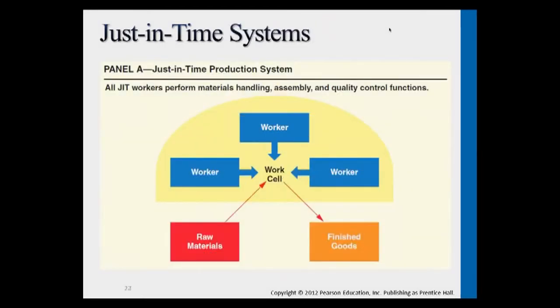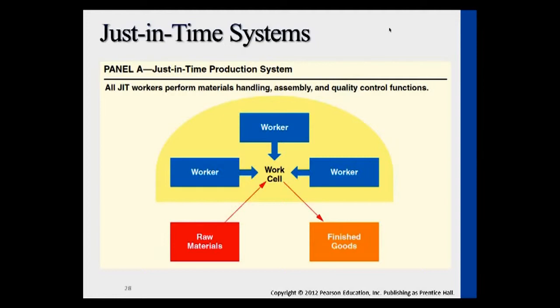So let's look at this picture. This is an illustration of a just-in-time production system. As you can see, it's quite simple, right? What do I have? I have a work cell that is composed of a number of workers, and then I have some raw materials coming in, finished goods coming out. That's pretty much it. Very simple, very well illustrated here.